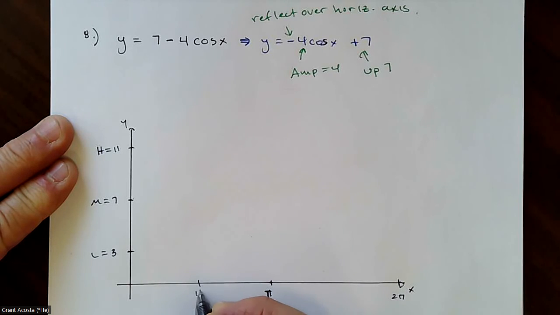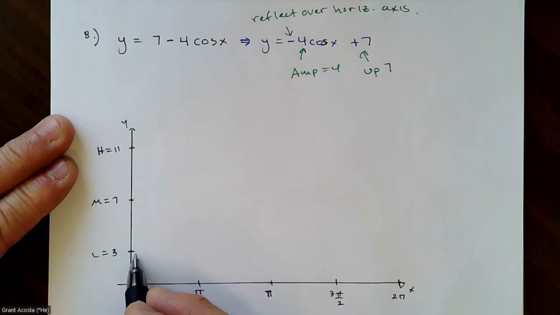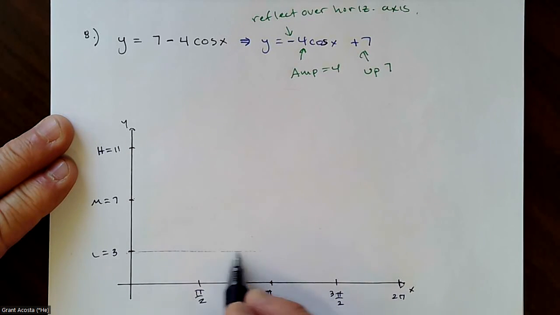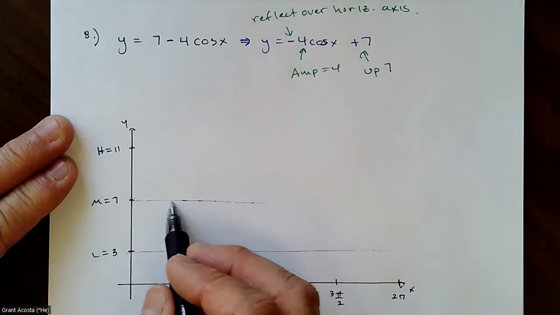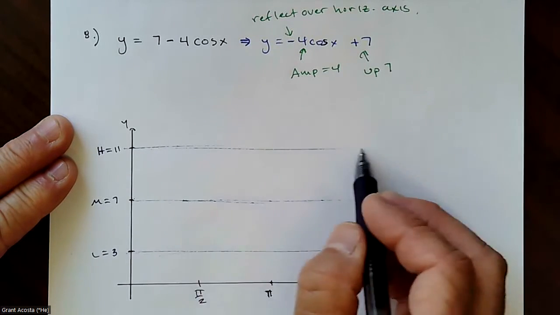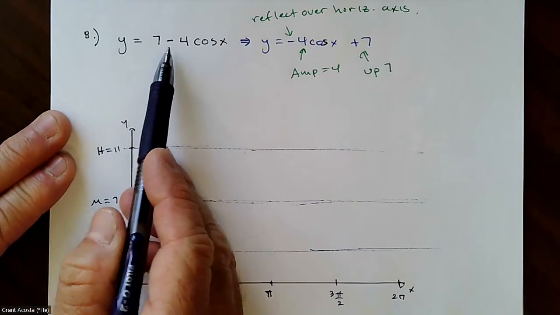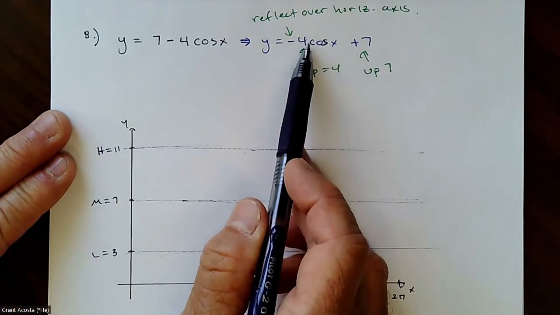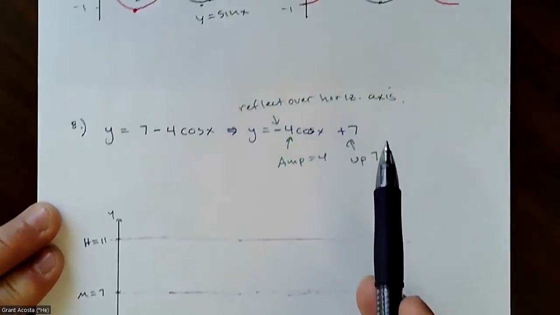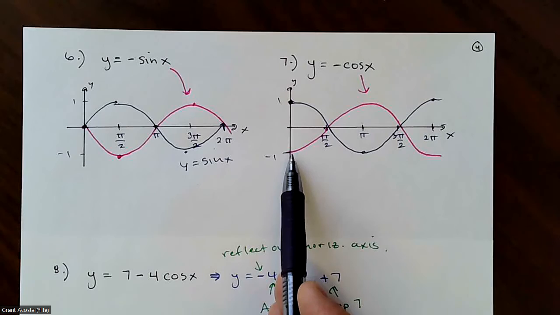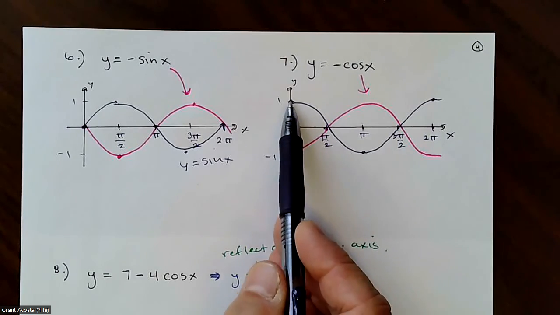Pi over 2, 3 pi over 2. I'll put in my little lines here to help me. Okay, but since it's a negative cosine graph, we see from up here, a negative cosine graph is going to start at its low, not at its high.